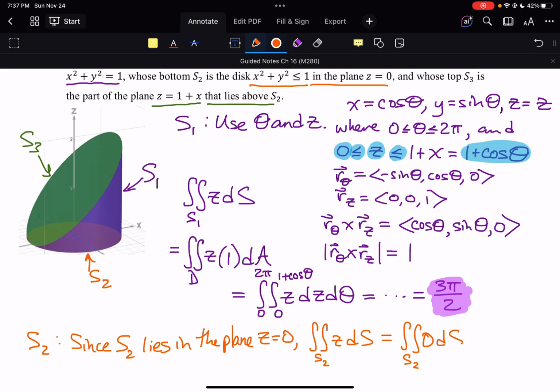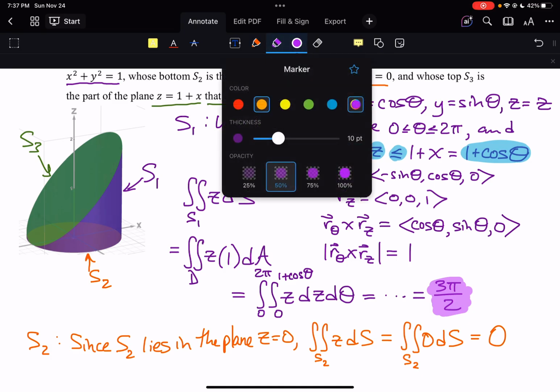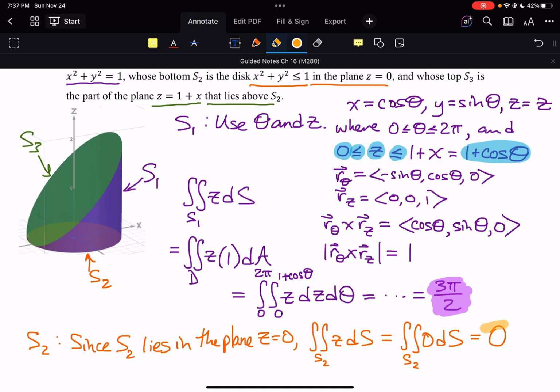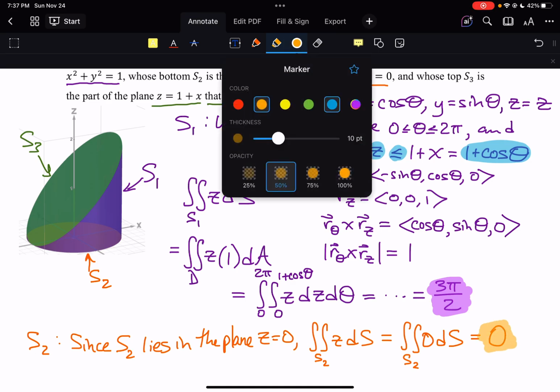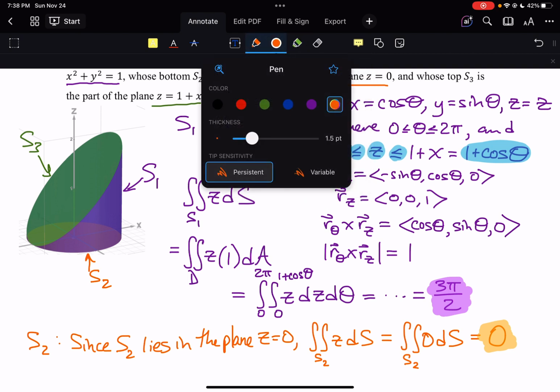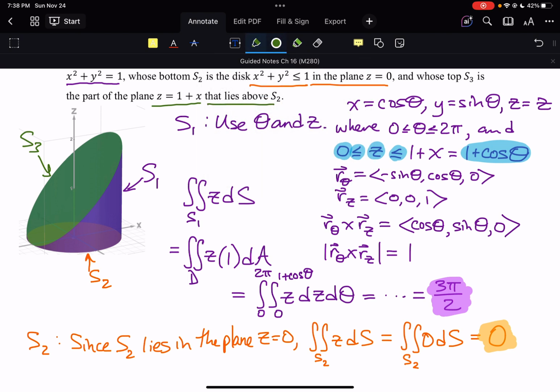So it'll end up being the surface integral of 0, which will just give us 0. So that's very nice. And if you were attempting to solve it in some other way or parameterize in some other way, you would still get the same result, because ultimately, one way or another, the z value will always be 0 there.